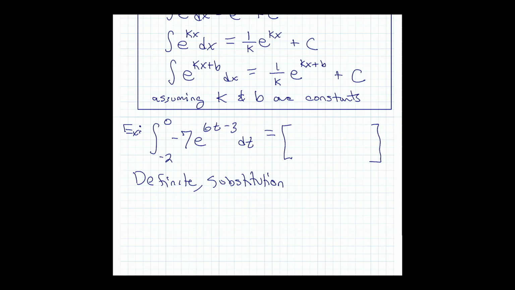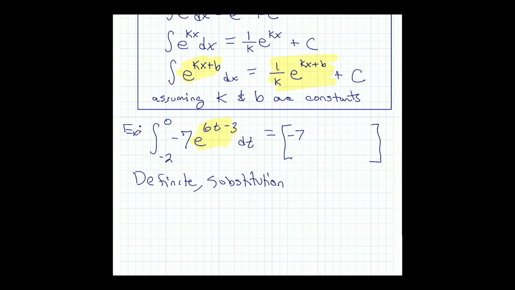Okay, so how are we going to do this? We're going to find the antiderivative. Well, we have a formula for the antiderivative right here because this is in this form, and this is our answer for the antiderivative. The -7 there is just along for the ride.